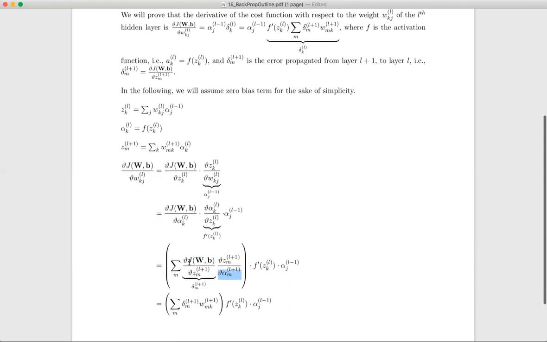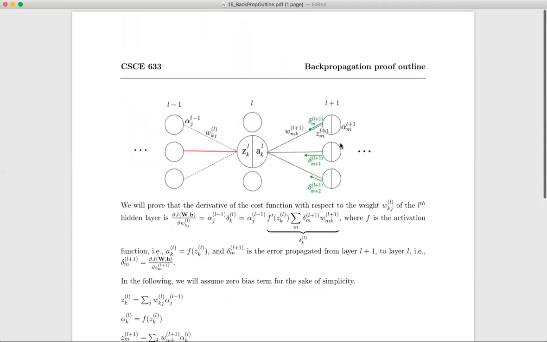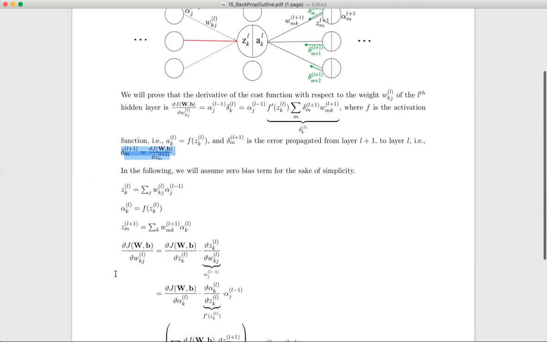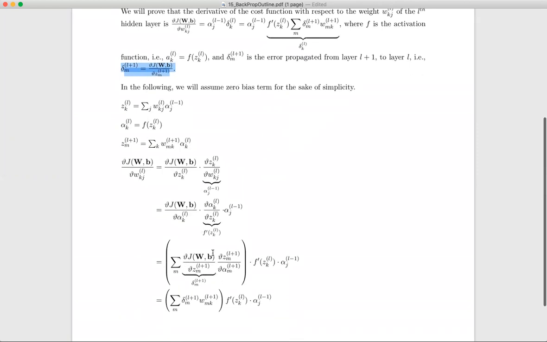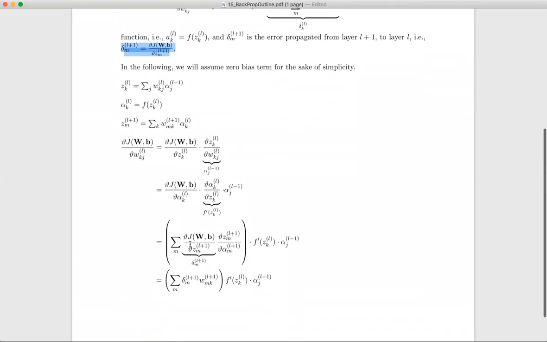Having said that, now we can see that by definition, the first order derivative of J with respect to the input z of m at the L+1 hidden layer is the error that is being propagated at the L+1 hidden layer. Therefore, this first order derivative here can be substituted by this error here.